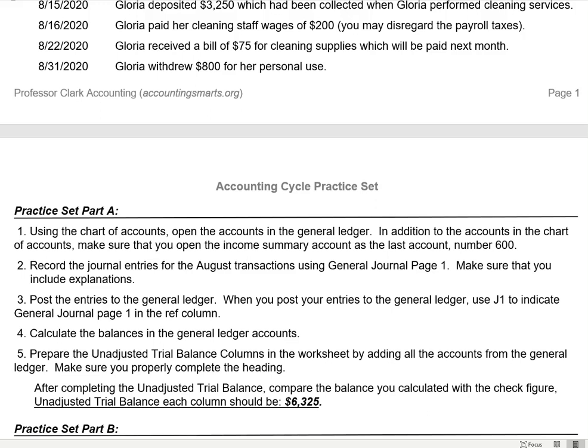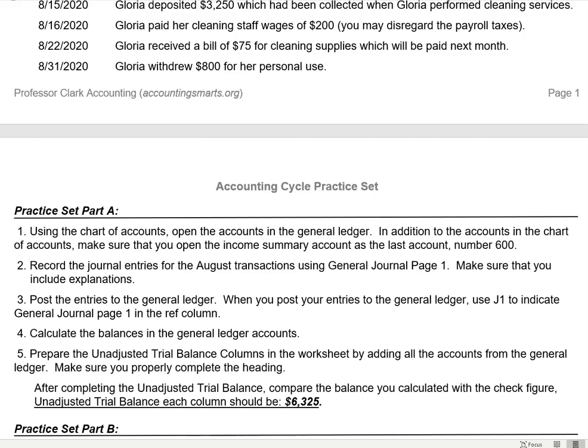After that, we'll post the entries to the general ledger. And when we post our entries to the general ledger, we'll use J1 to indicate the General Journal page 1 in the reference column. We'll then calculate the balances in our general ledger accounts. I actually like to do that as we go along. But either way, we'll get the balances calculated for those accounts, and we'll prepare the unadjusted trial balance columns in the worksheet.